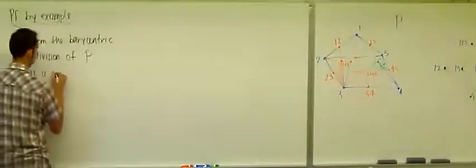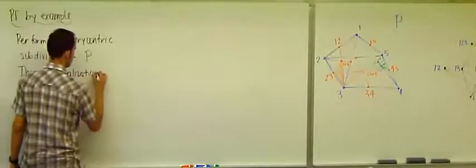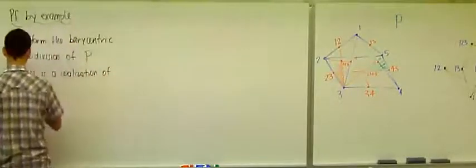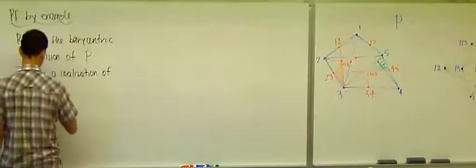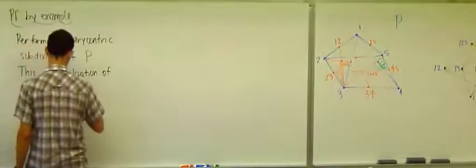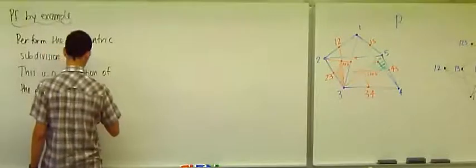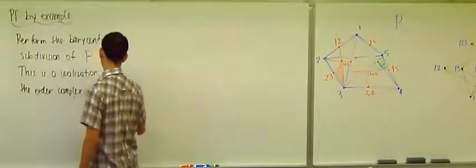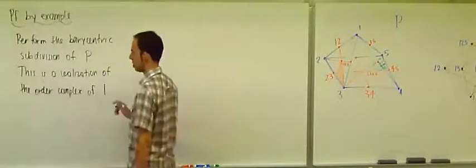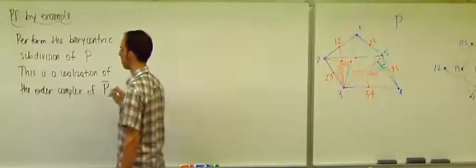Okay? And so this is precisely a realization of the order complex of P bar. Okay, so this is exactly the simplicial complex whose Euler characteristic we're trying to find. Okay.